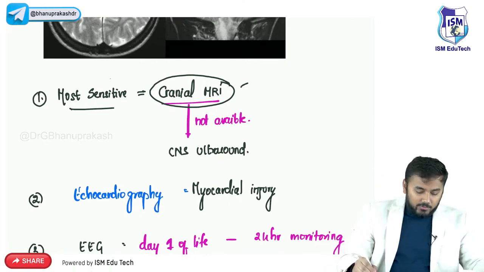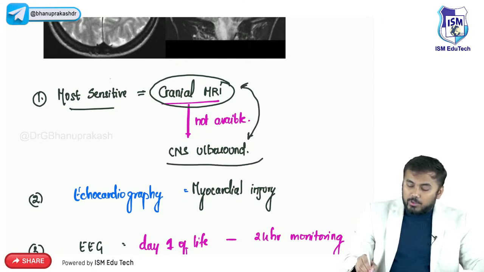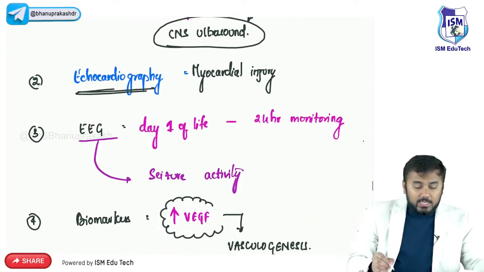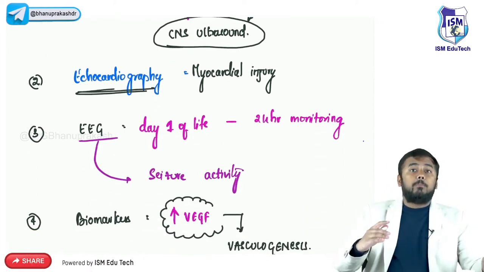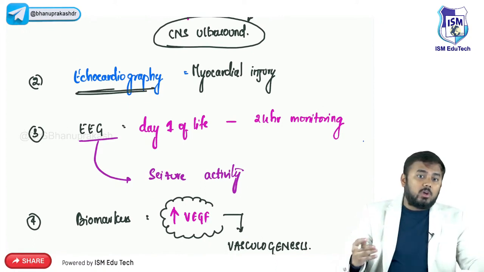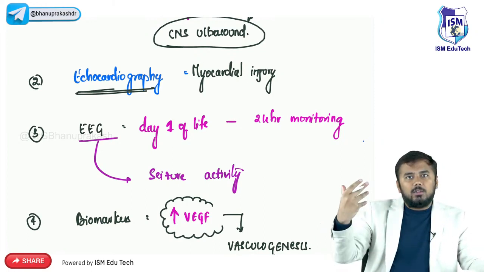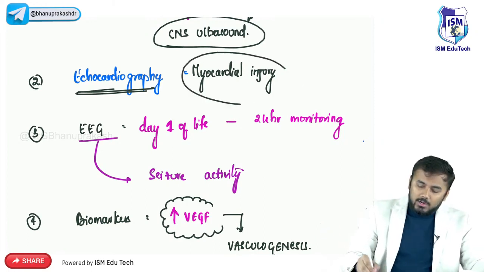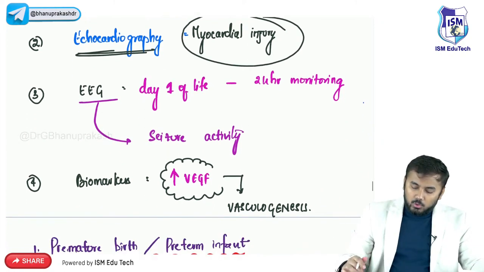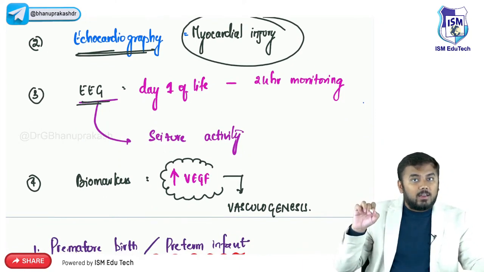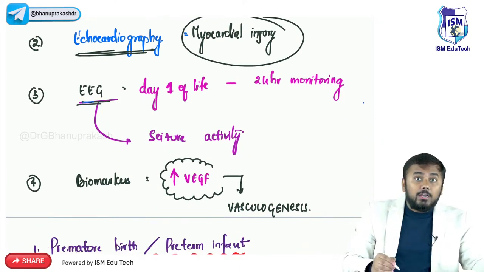So obviously, if the MRI scan is not there, the second step is to do a CNS ultrasound. Next, echocardiography, because here the heart is also not functioning. I will do an ECG and see in which leads there is ST elevation and in which leads ST depression, for myocardial injury. So when do I do EEG? EEG is electroencephalogram. Why do I do EEG?